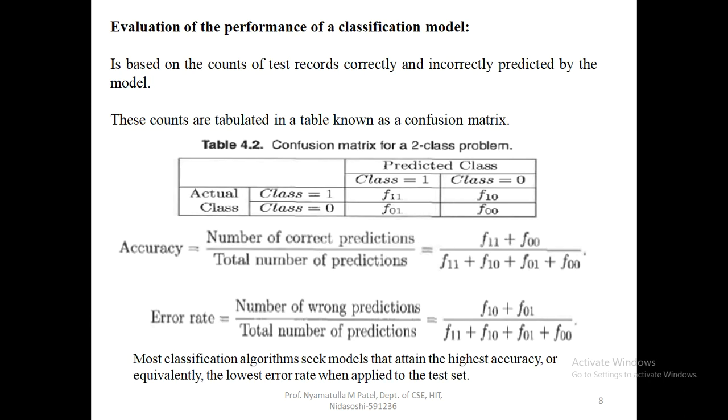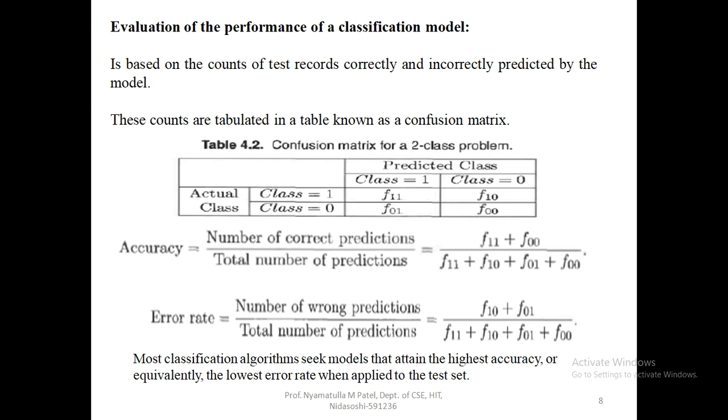Now, evaluation of the performance of the classification model: whether a classification model is performing well or not. I need to evaluate the performance of a classification model. It is based on the counts of test records correctly and incorrectly predicted by the model.